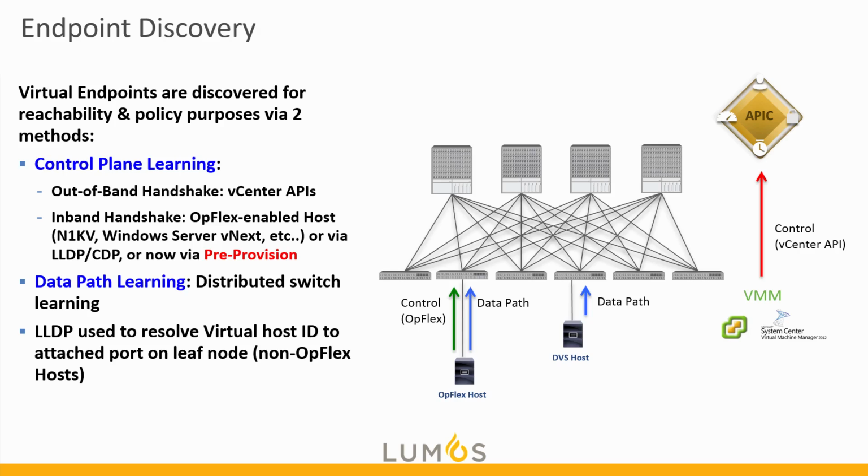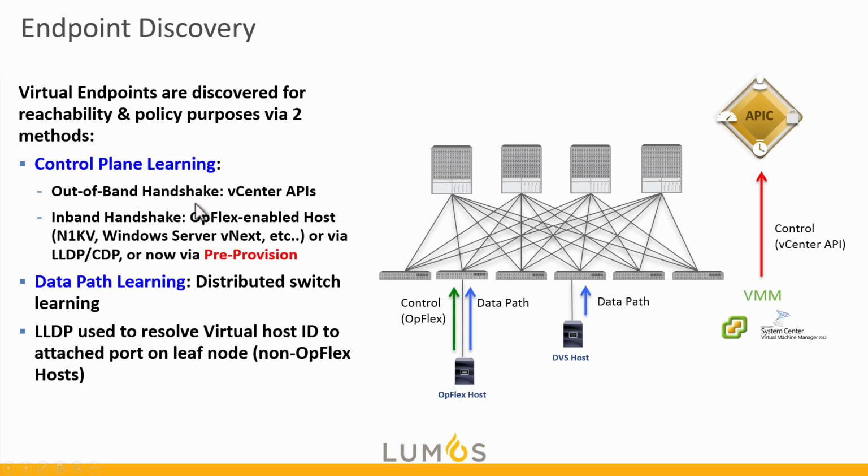So if we take a look at endpoint discovery, we mentioned already that virtual endpoints are discovered for reachability and policy purposes via two different methods, or historically really two different methods. The control plane learning, first of all, is out of band, and we actually have an animation that's going to go over this in a little bit more detail.